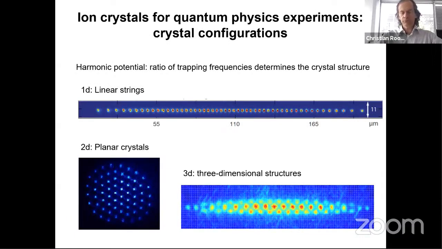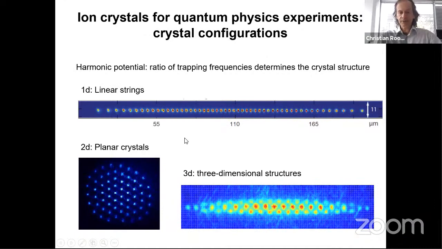If you have a potential that is very anisotropic, such that you have a weakly confining direction and 2 strongly confining directions, then the minimum energy configuration that the ions take on occur in the form of linear ion strings. Secondly, we can have 2D structures in the form of planar crystals.